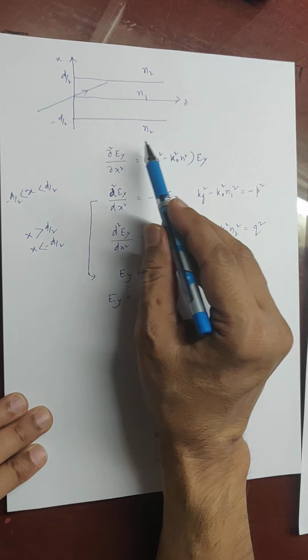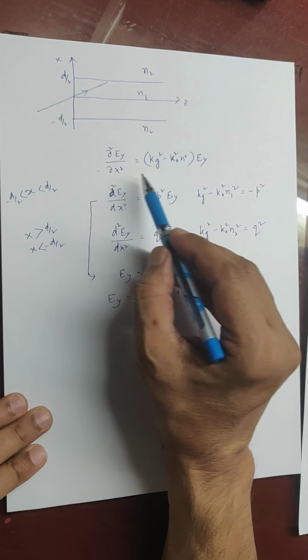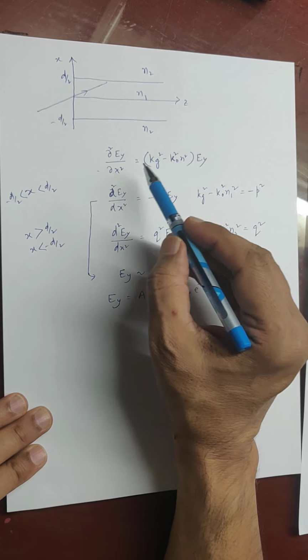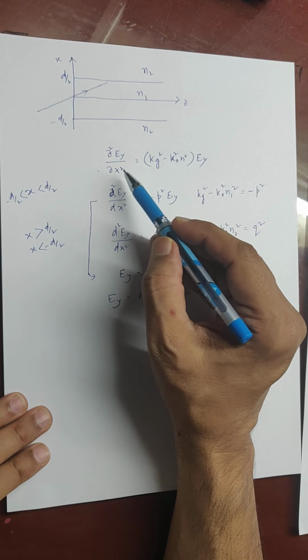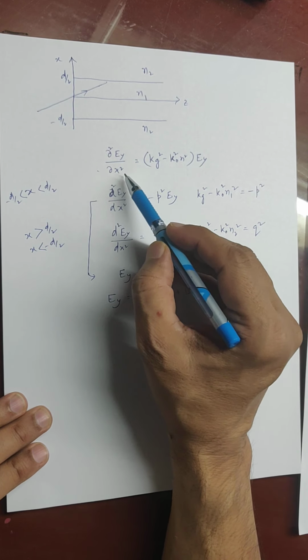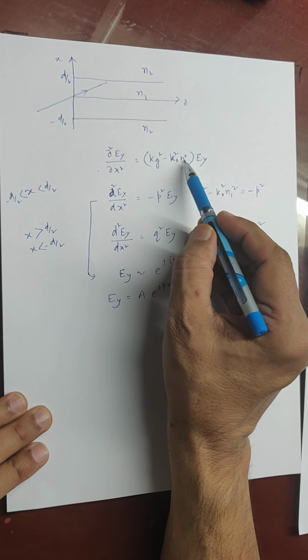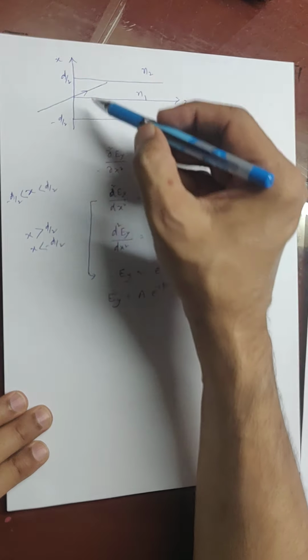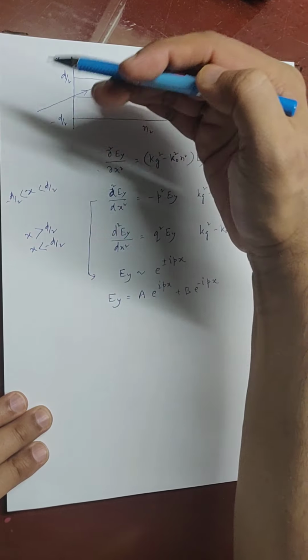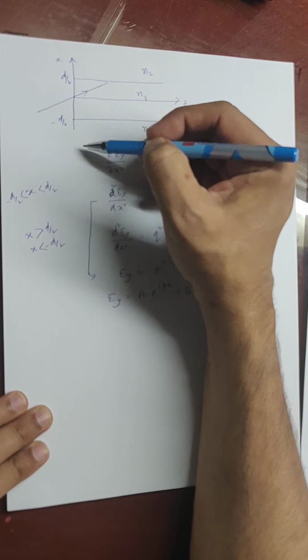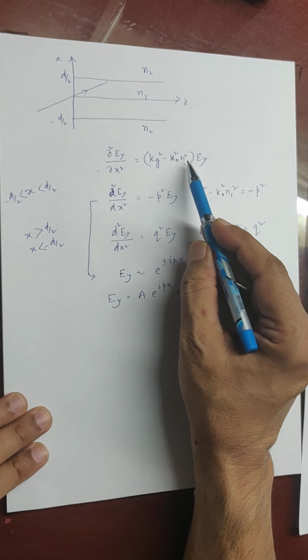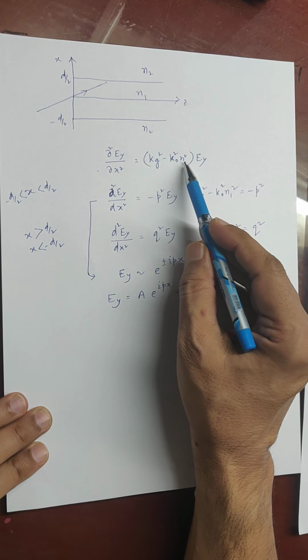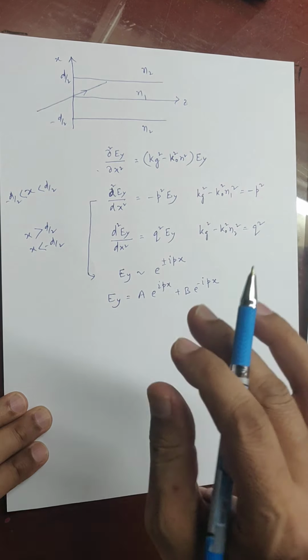Now, since this equation is symmetric in x, you can see that if you change x to minus x, nothing would change. n is also a function of x, but n1 and n2, from this diagram itself you can see that it is symmetric across x. So n1 and n2 also would not change when x is changed from x to minus x.